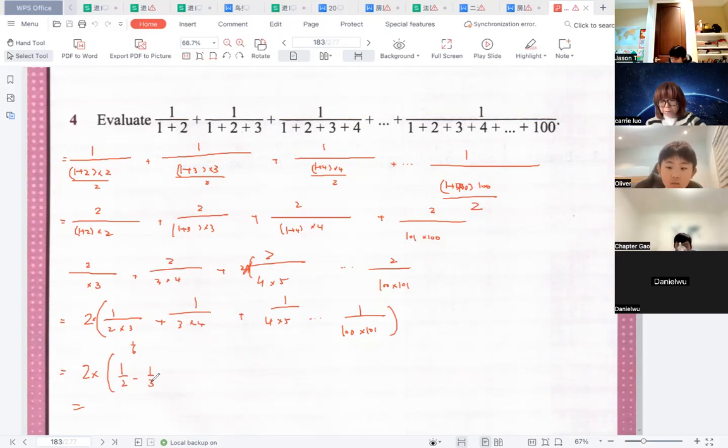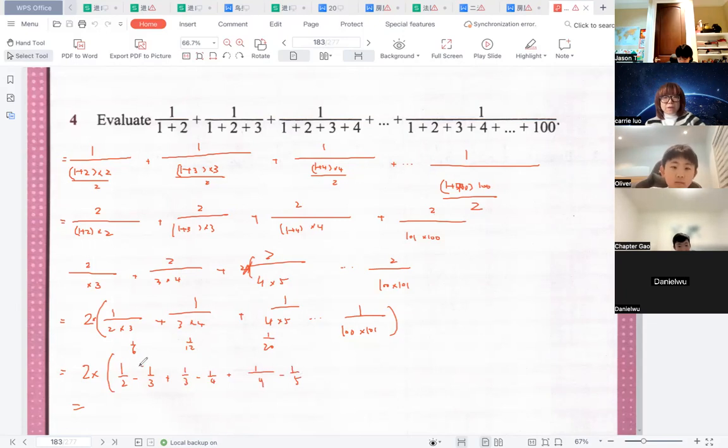Correct? Okay, next one. This one equals 1 over 12, right? So 1 over 12 exactly equals 1 over 3 minus 1 over 4. Okay, 1 over 20 exactly equals 1 over 4 minus 1 over 5.